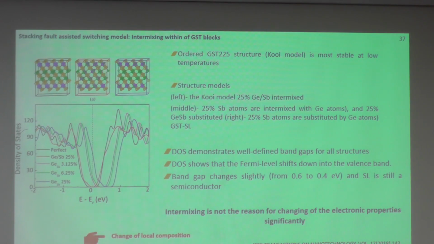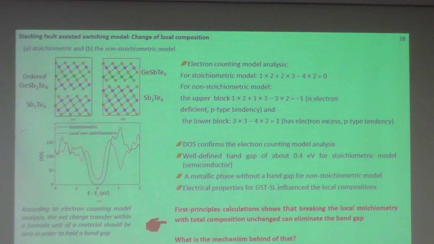So now let us change the composition of such superlattices, like to adjust it; this is also made by computer simulations. They created the ordered GST124 with antimony telluride, and then they created an integrated building unit with non-stoichiometric composition: they took one layer of antimony and attached it to the antimony telluride, and it changed the local composition of the system.